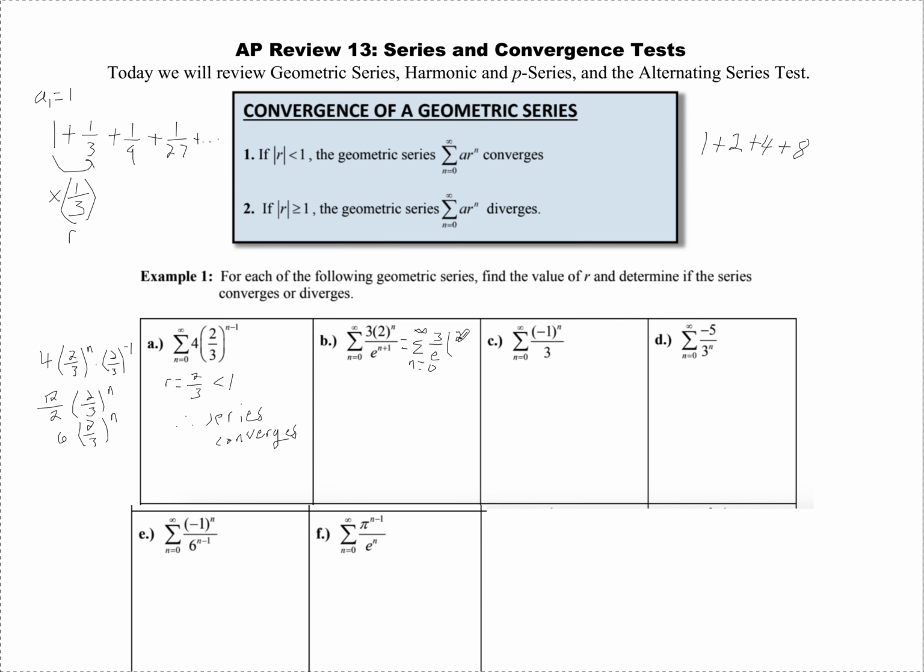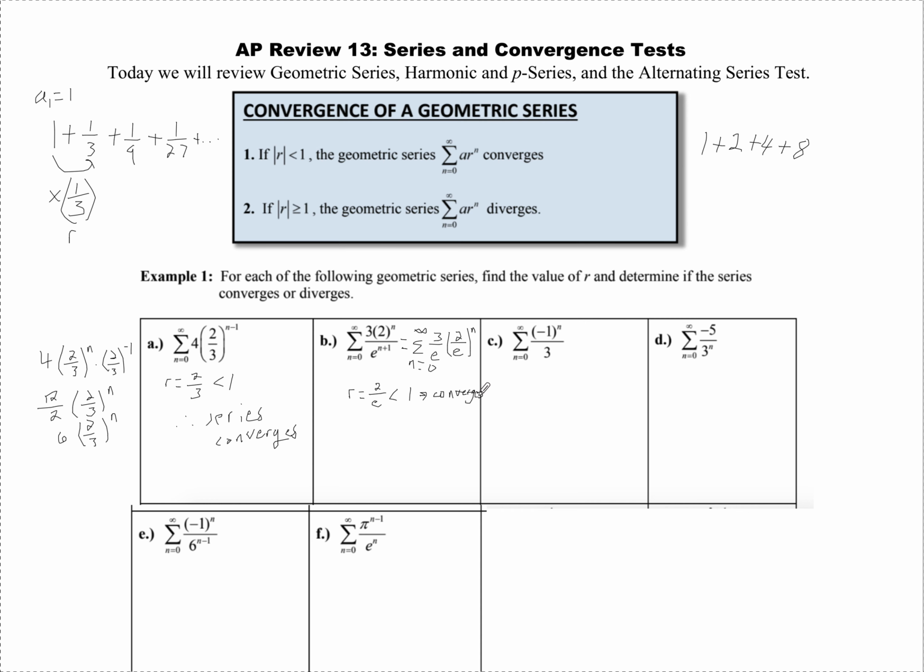Now it'll leave me with 2/e. Both of those at that point would be to the n because I moved the first power e out. 2 divided by e is less than 1. There's my R value. And e is like 2.7 something, so 2 divided by e is less than 1, and therefore this series converges. It's a geometric series that converges.